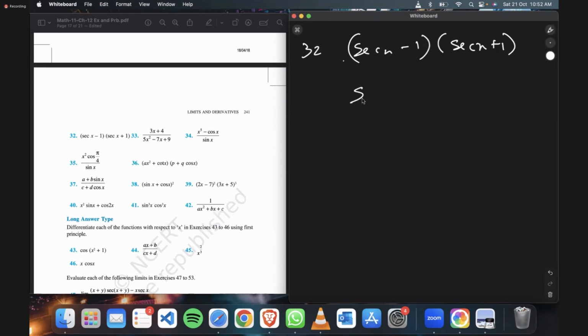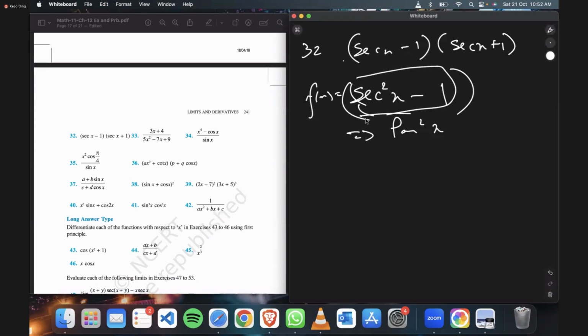So now I'll have sec squared x − 1. If I differentiate this whole part, this is my f(x). Just to play with it, tan squared x plus 1 is equal to sec squared x, so sec squared x − 1 gives tan squared x.